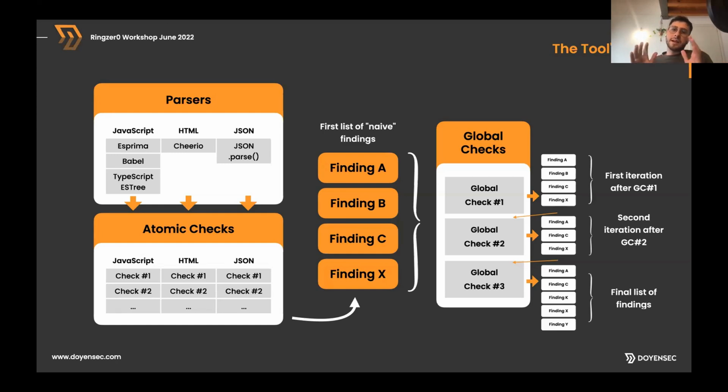Using this class of checks provides you with an improved decisional process, which comes in handy for checks that need to scan every JavaScript or HTML file of the target application before determining the presence or absence of a vulnerability. This is critical since, for example for CSP, you obviously need to look in every JavaScript or HTML file before determining if a CSP policy is set for the application or not.